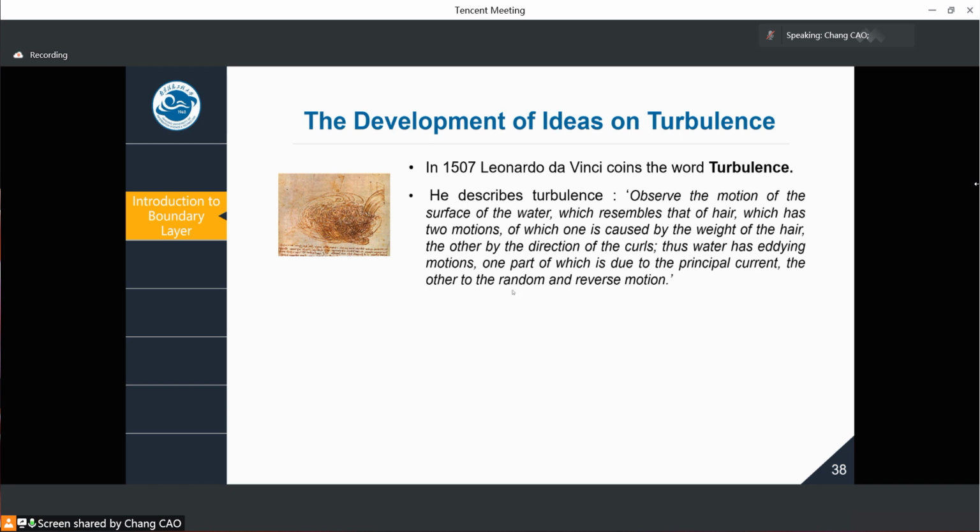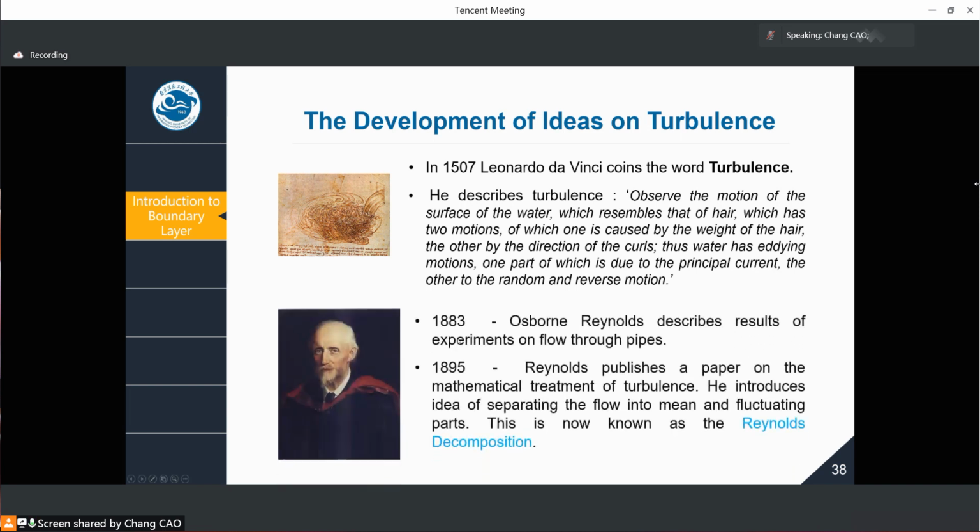And also, when we talk about turbulence, we usually say that it is very random. So Leonardo's description is very important for us, giving a vivid description of turbulence. Okay, so that's the early history.